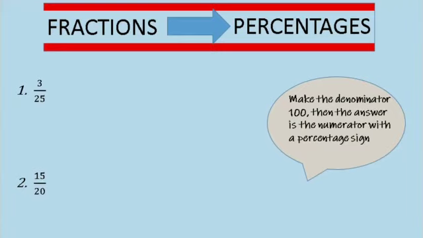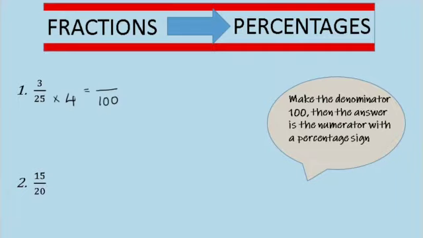Here we have 3 over 25. To convert this 3 over 25 to a percent, the first step is to find the equivalent factor that, when multiplied, gives 100 in the denominator. As we all know, 25 times 4 gives us 100.